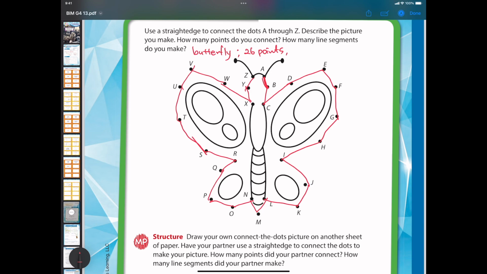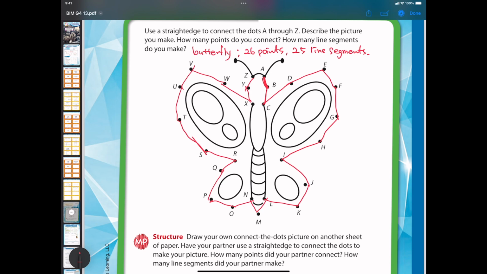Remember that? Okay, so 1, 2, 3, 4, 5. When you count it, you are going to see 25 line segments. Because you need two dots to make one line segment, right? And that means for 26 points, you can make 25 line segments.